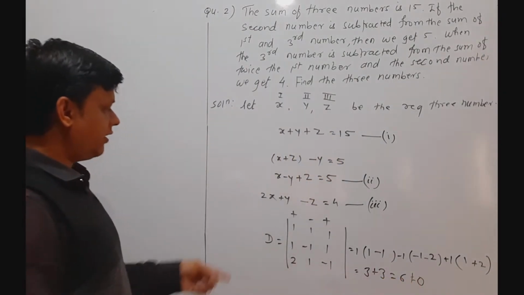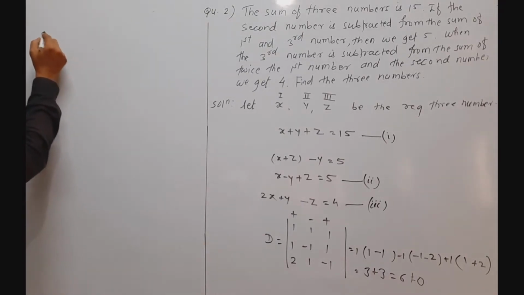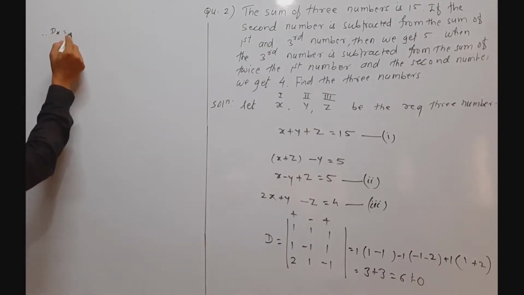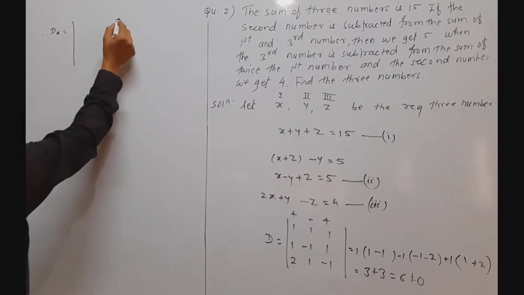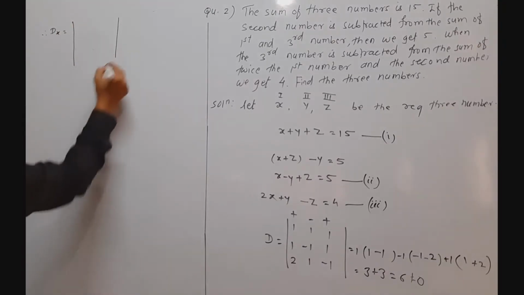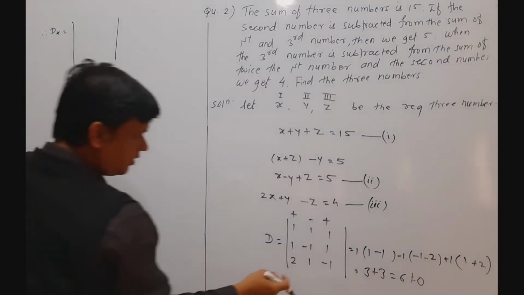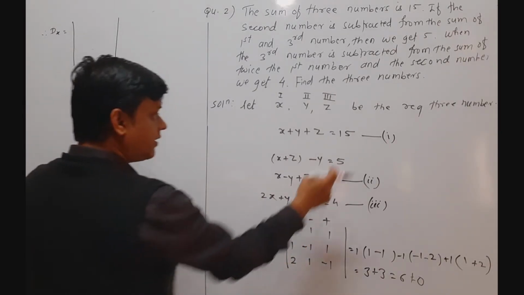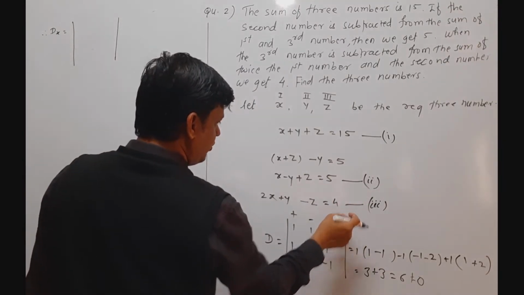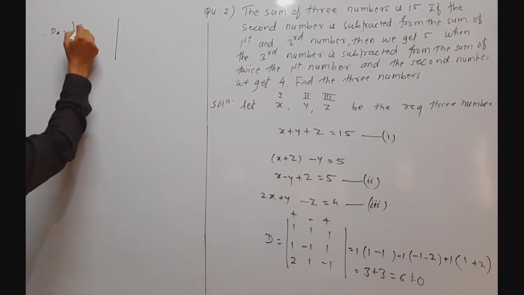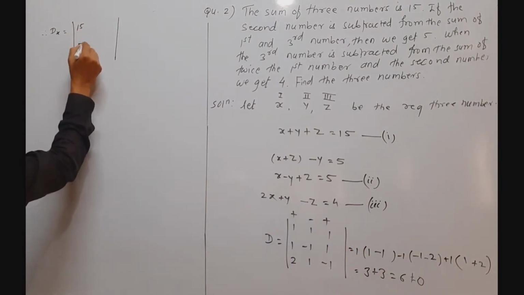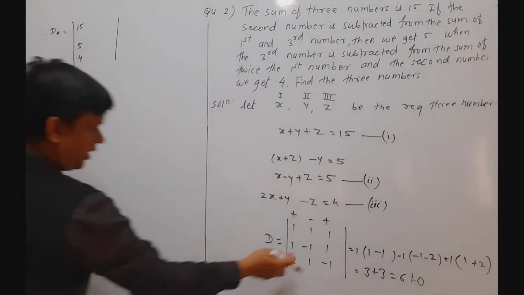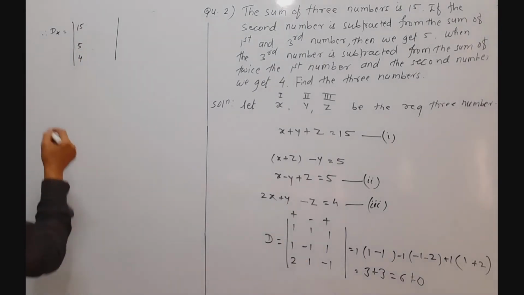Then we calculate value of Dx. Therefore Dx is equal to, in determinant, first we change the elements of first column 1, 1, 2 by 15, 5, 4. So write here in first column 15, 5, 4. Then keep second column element, third column element as it is.